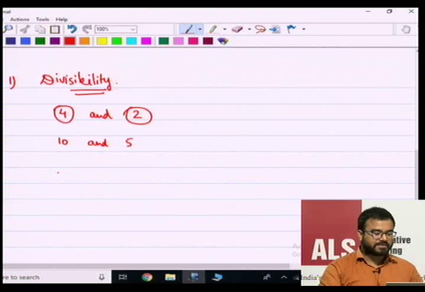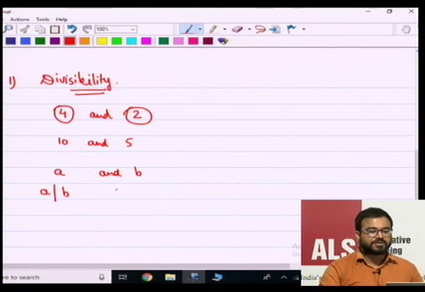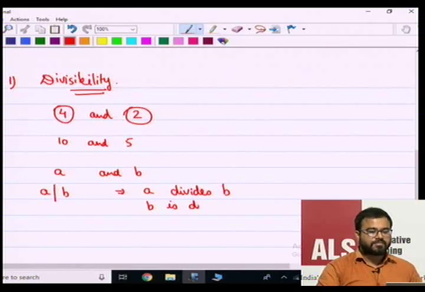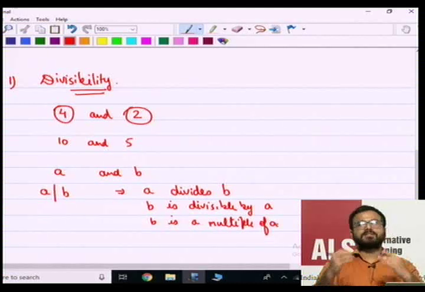If we have two numbers A and B, the notation is to write A, then a vertical line, and B. What is the meaning of this representation? It means A divides B. Either we can say A divides B, or B is divisible by A, or B is a multiple of A. There are many ways in which you can say it.